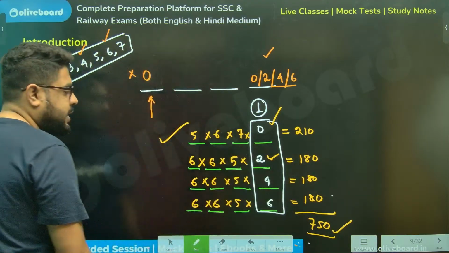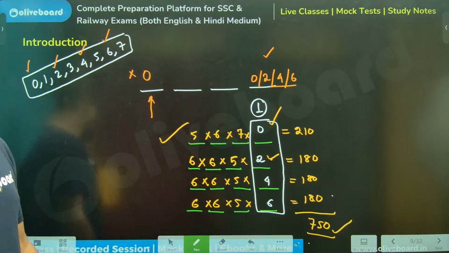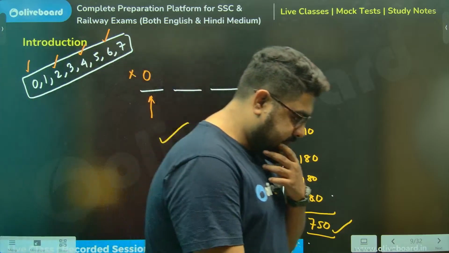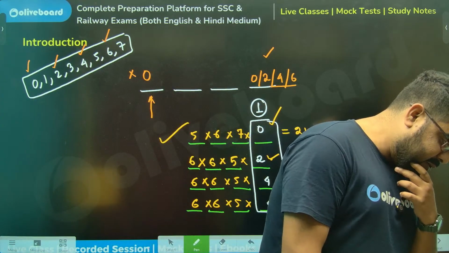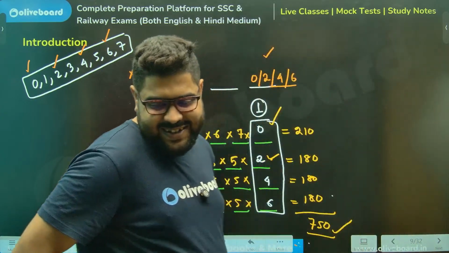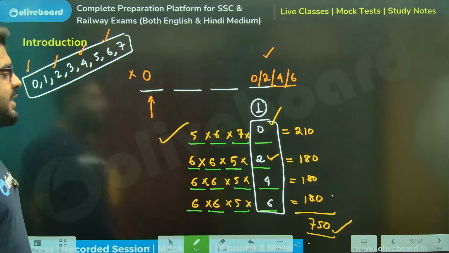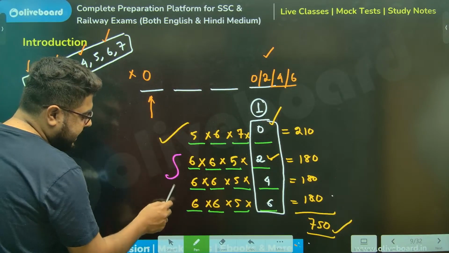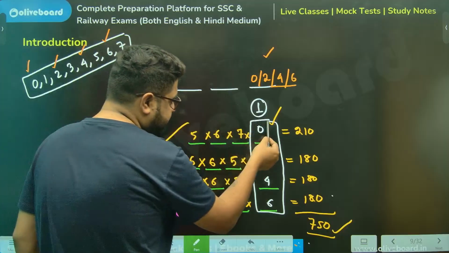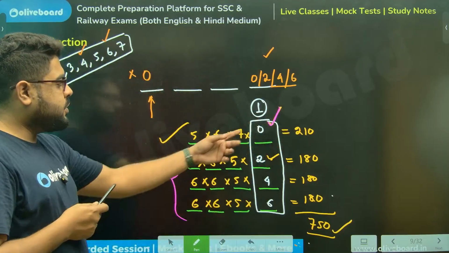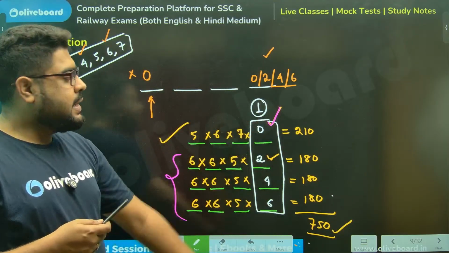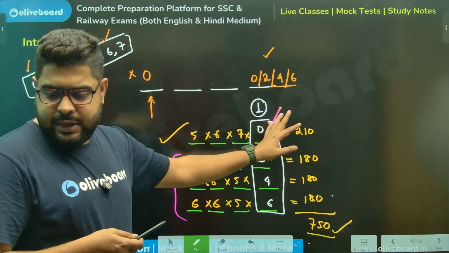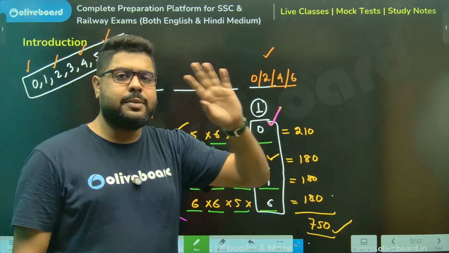Look, brother. What I had done in the question, 0 at the last also makes it an even number. Sir, please understand. These three are identical cases. This one is different. If you put 0 at the end, you don't need to worry about 0.